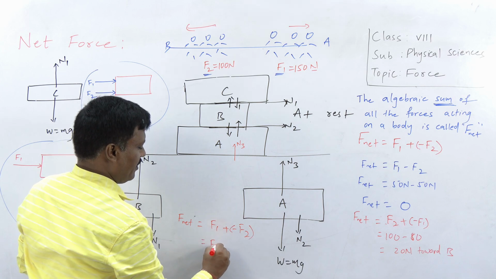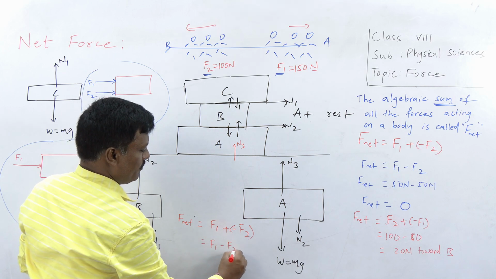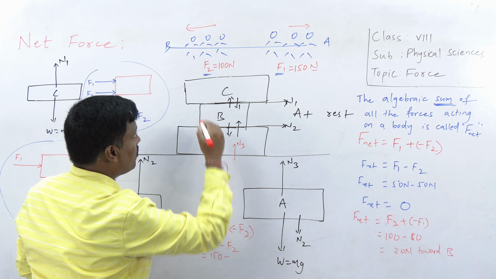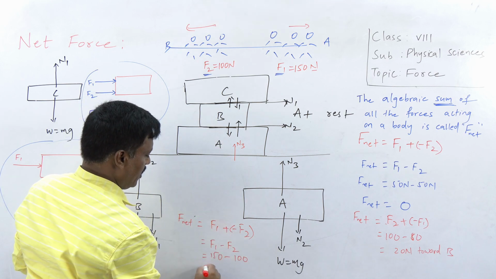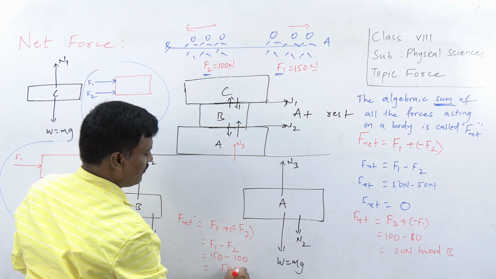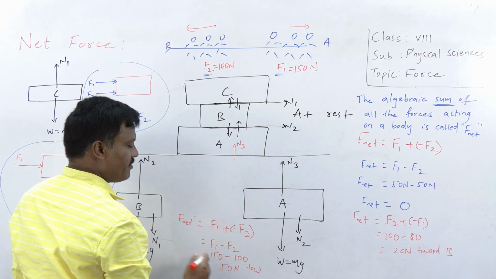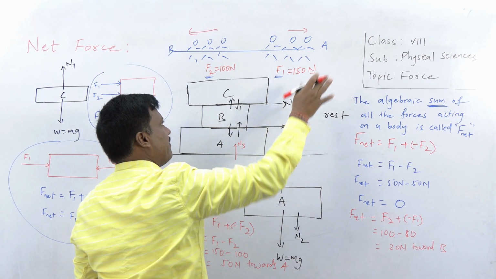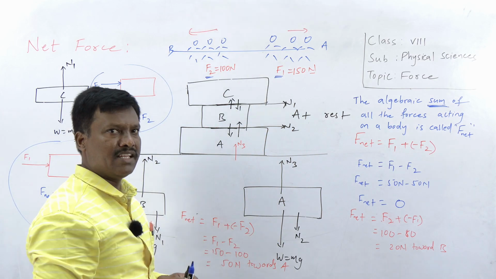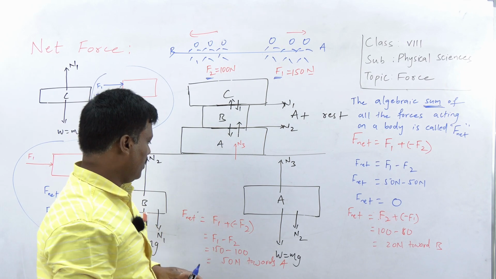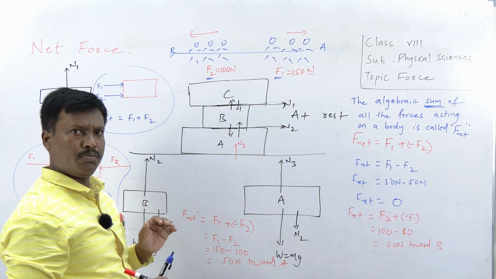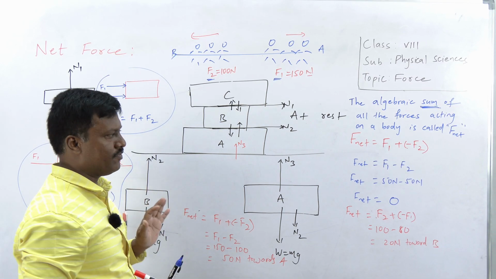Then F1 plus into minus F2. F1 value how much here? 150 minus F2 value, 100. Then altogether we are getting 50 newtons. Now net force is 50 newtons, towards which direction? Towards A. Now team A will win the game. So this is a very important thing. I hope you understand how to calculate the net forces.